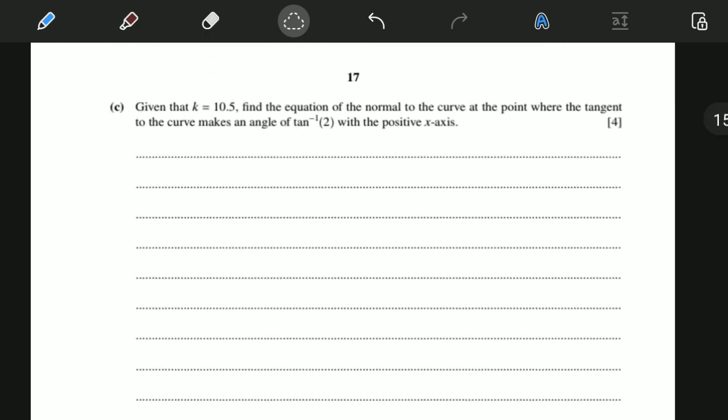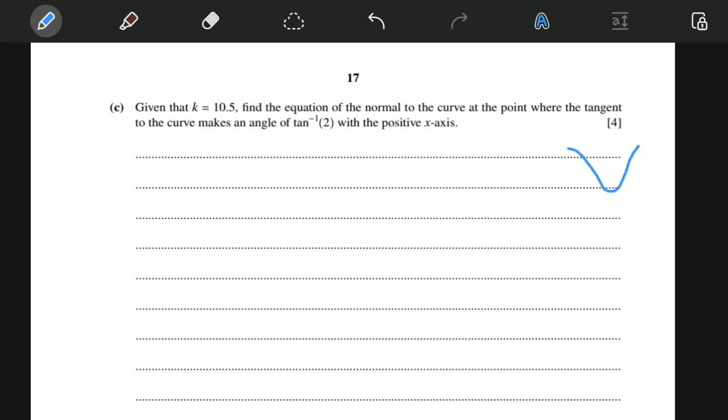Now part C. Given that k equals 10.5, find the equation of the normal to the curve at the point where the tangent to the curve makes an angle of tan inverse of 2 with the positive x-axis. Okay, this is a tricky part. So for instance, think of it that this is your curve and this is your line.